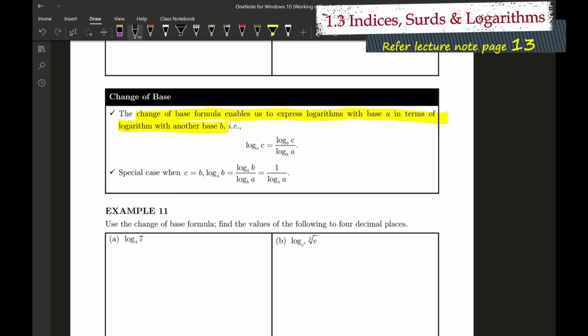But there is also a special case where you can change position.